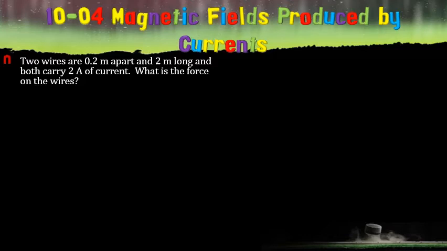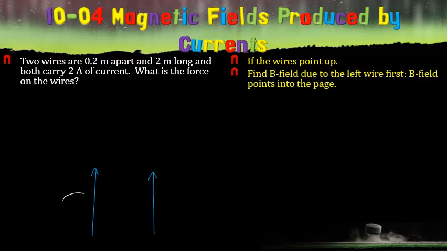Another problem. If we have 2 wires, 0.2 meters apart and 2 meters long, and both carry 2 amps of current, what is the force on the wires? So there's my 2 wires. I'm having them point up towards the top of the page. And you can see the arrows representing the direction of their currents.